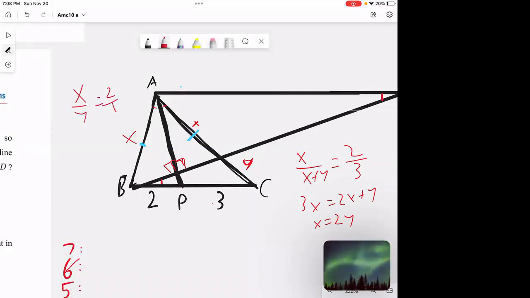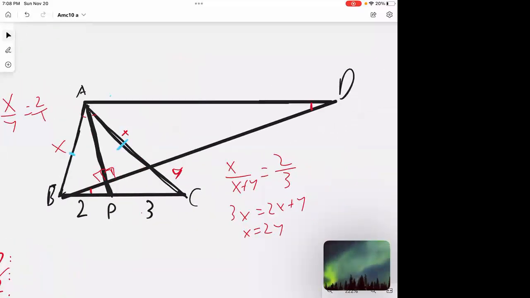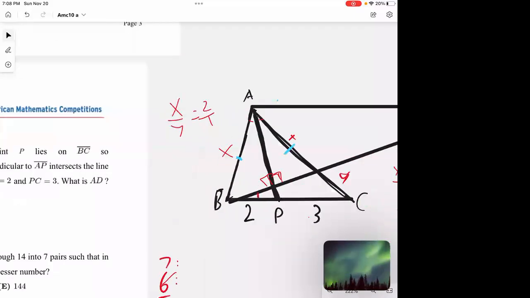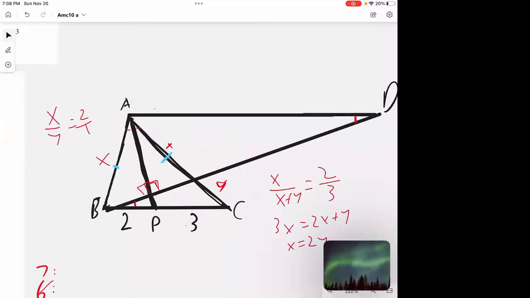Now, how can we use this to solve for AD? If you notice, they tell us that AD is parallel to BC. So we can get that this angle is equal to this angle, because they're alternate interior angles. And this angle is also equal to this angle because they're vertical angles.